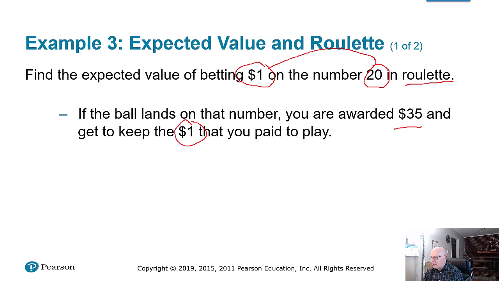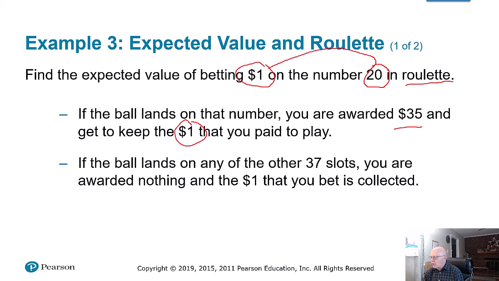You get that back. Remember that, because you get 35 and you get the dollar back, so your net is 35. If it hits on any of the other 37 slots, remember there are 38 slots altogether, you don't get any money, and you have to pay that dollar that you bet.